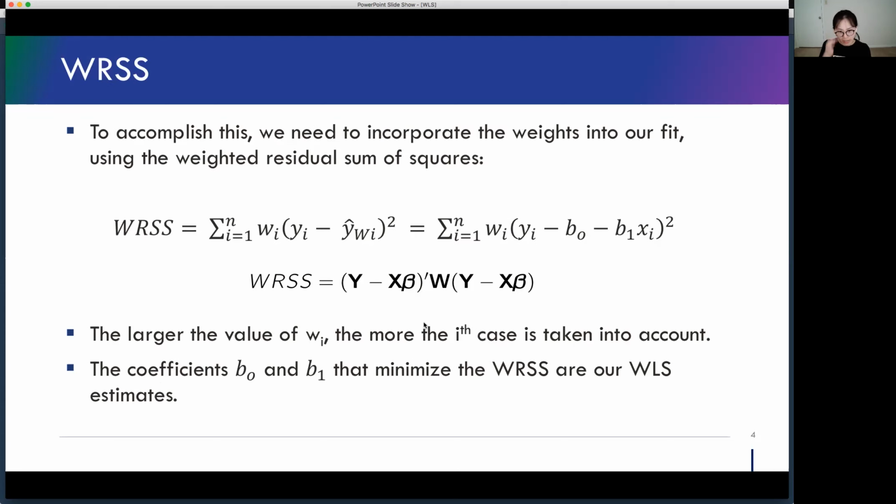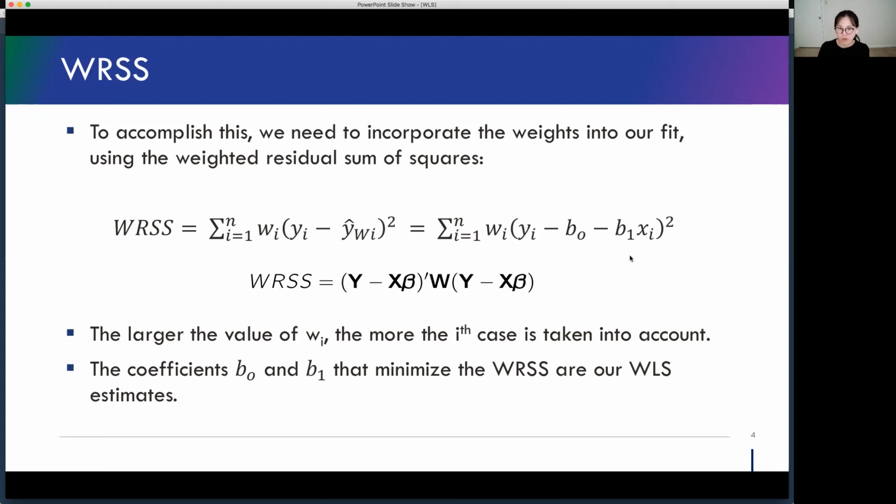Okay, let's look at how we are going to do the estimation when we have this weight incorporated in the model. So again, we will use the weighted residual sum of squares. Previously we have RSS, which is just the residual sum of squares. Now we have the weights incorporated, so it's weighted RSS. It can be written as a summation of weighted squares, and then we sum them up, right?